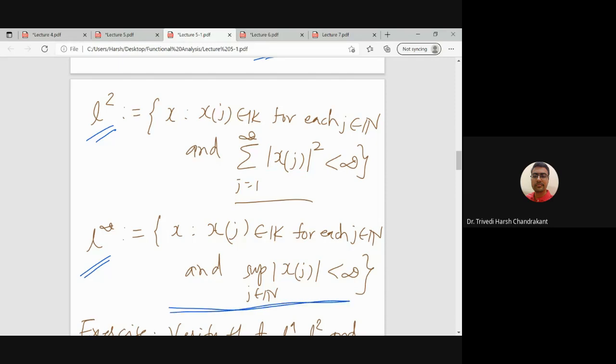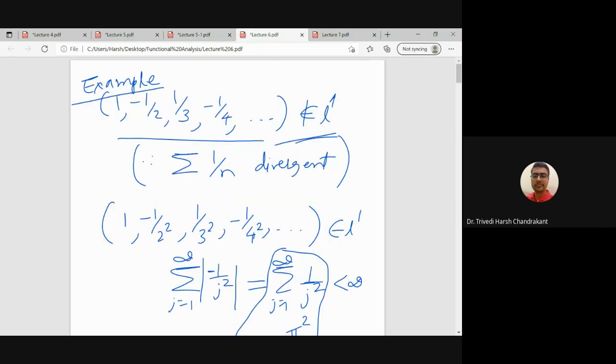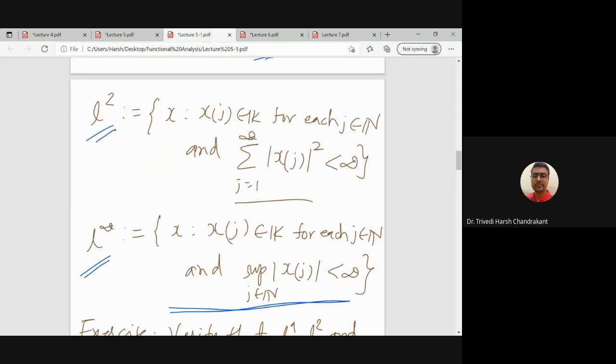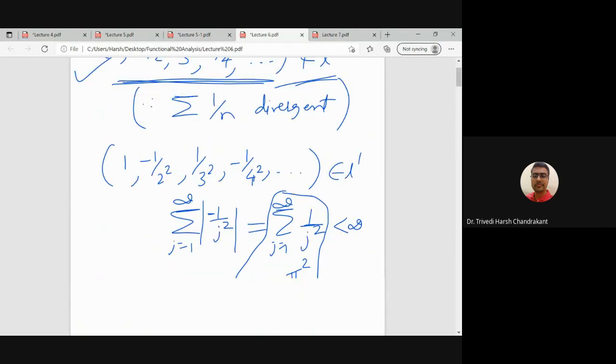So what are the elements of L infinity? So clearly, if we take the modulus of each of these elements, what will be the supremum? Supremum of 1, 1 by 2, 1 by 3, 1 by 4, and so on. So the supremum is 1, right? So that means that element is in L infinity.